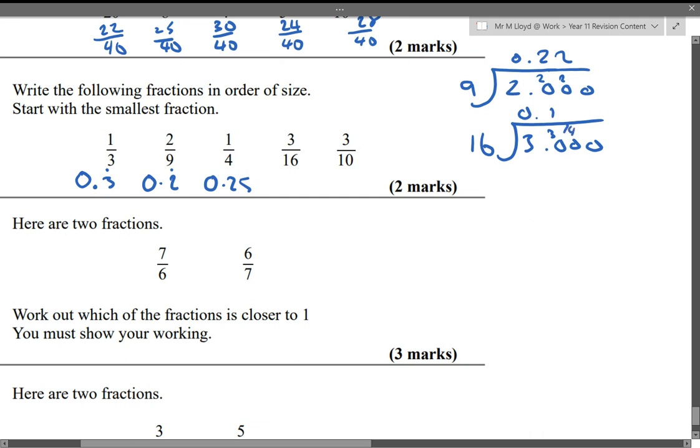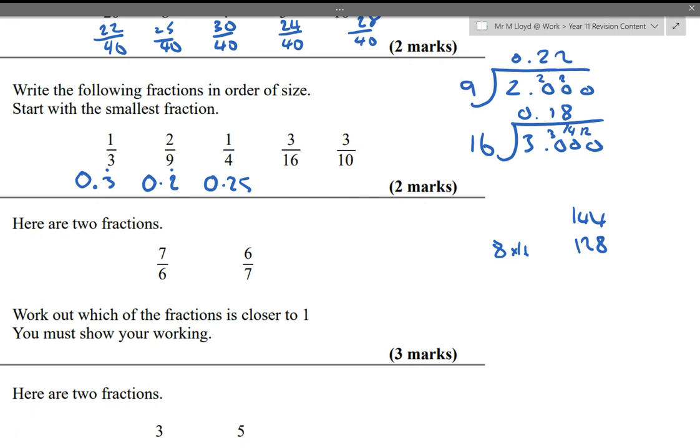14. 16 into, we know that's going to be 8 because we know 9 times 16 is 144. Just take away 16 here, 128. So that's what 8 times 16 is. Take that remainder off, gives me a remainder of 12. Sorry, 16 into 120.